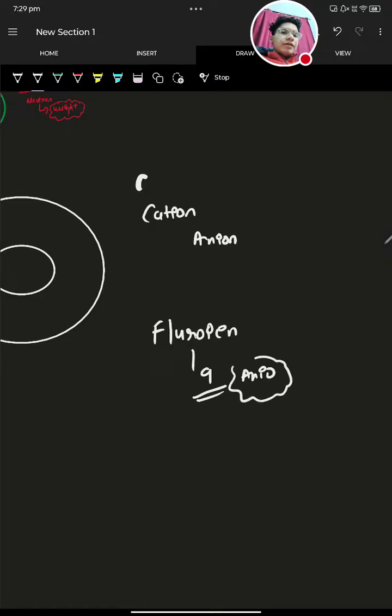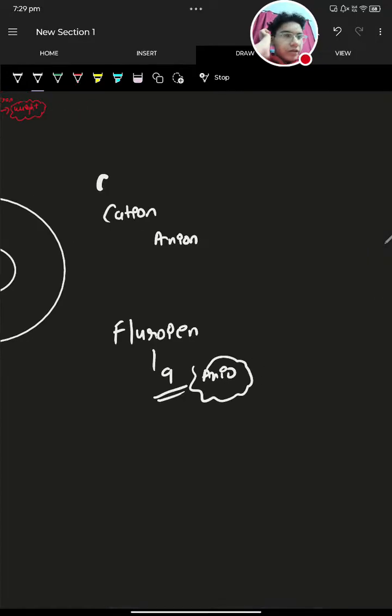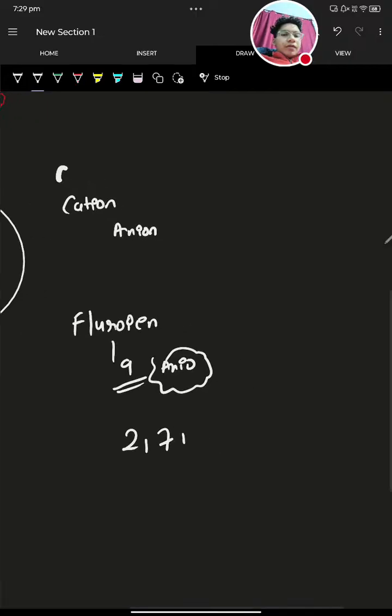Its shell configuration is 2 and 7. So 2, 7 is the fluorine valency.